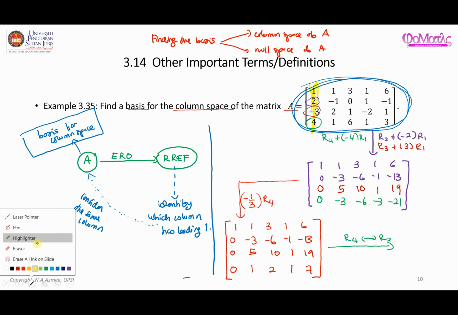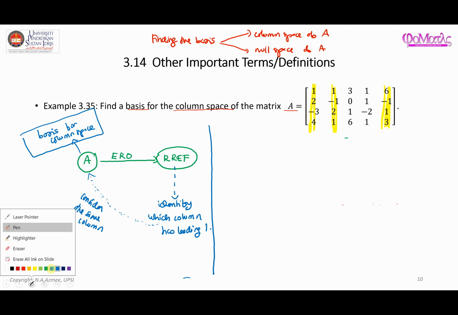Okay, so based on that, we can say that the basis for the column space of matrix A is just equal to, here is the first column, 1 2 -3 4, and then we're going to consider the second column, 1 -1 2 and 1, and finally the fourth column is this one, 1 2 3 4.